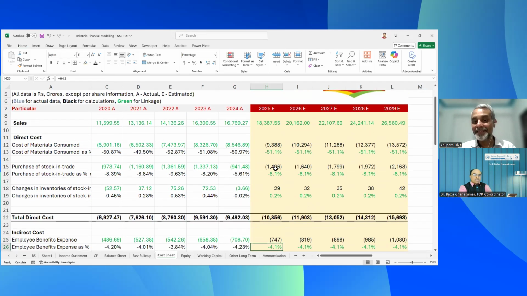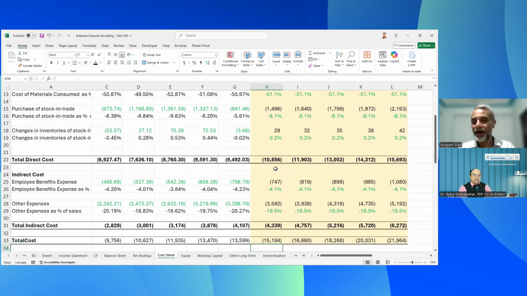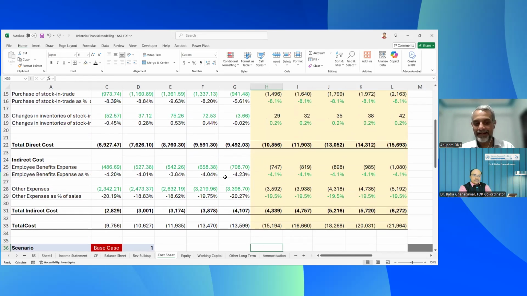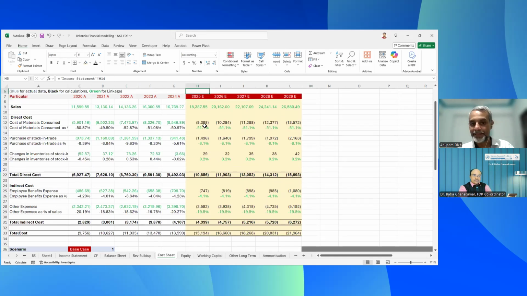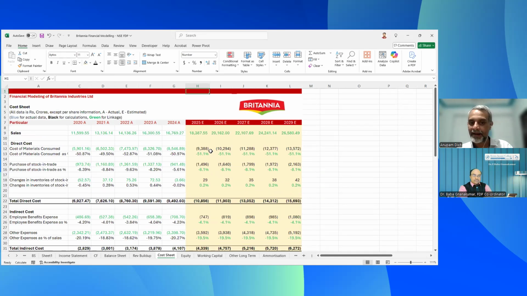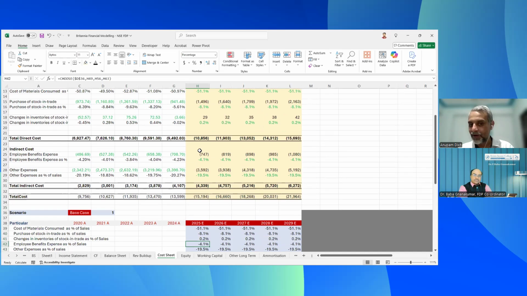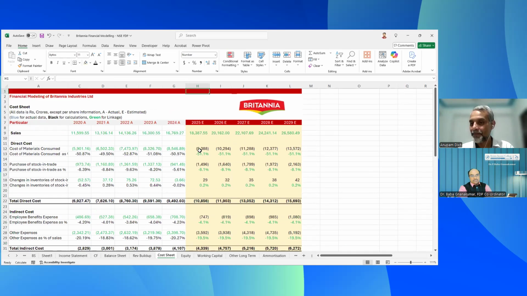When we change this scenario to a different case, if I change it to bull case, this 51.1 value will change, right? And all my cost will automatically change. So my cost will change here, and it will spread across these rows. All the values will automatically change, right?